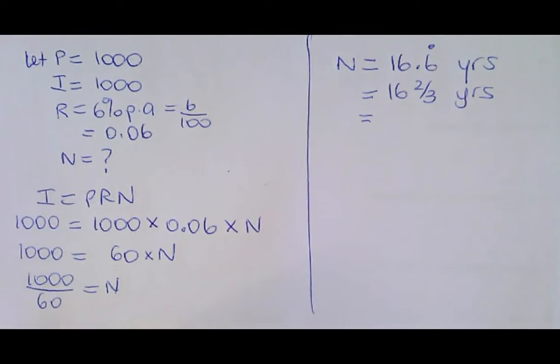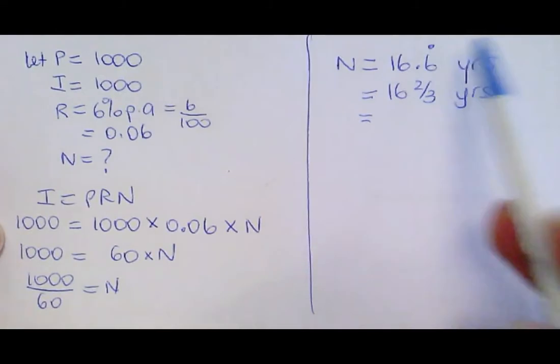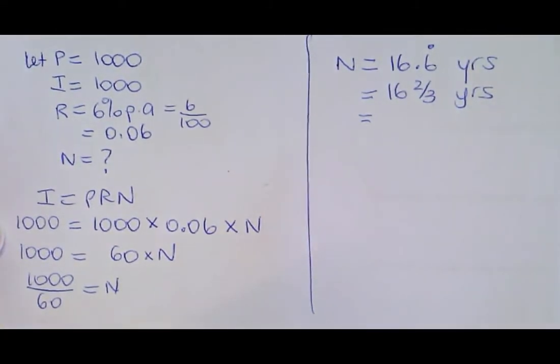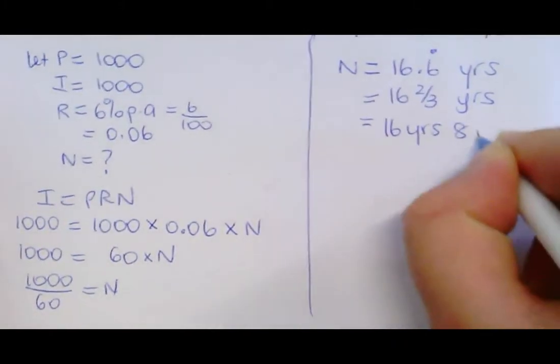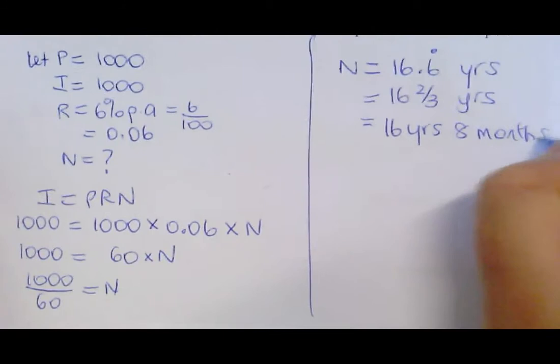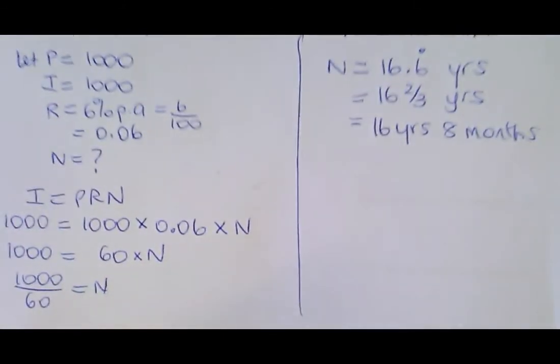What's 2/3 of a year? What's a third of a year? How many months in a year? A third of a year is 4 months. Girls, this is time. 16.6 recurring years. 0.6 recurring is 2/3. So it's 16 years, 8 months. Because every third of a year, if you break a year up into thirds, it's 4 months.